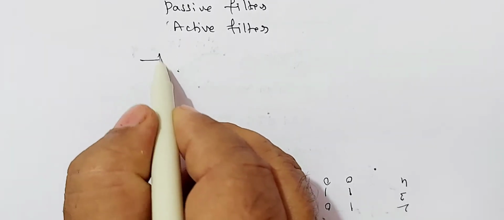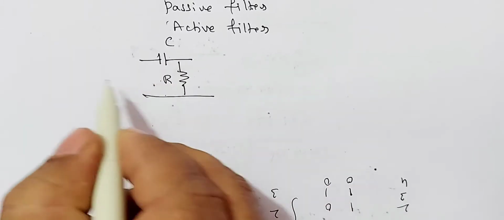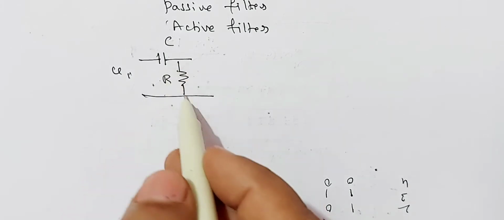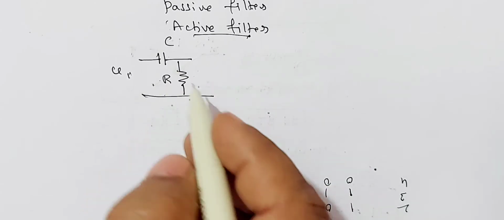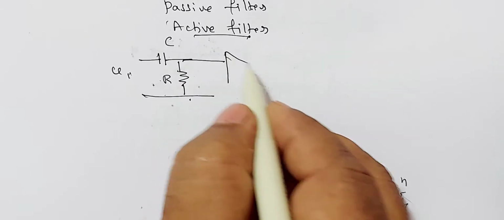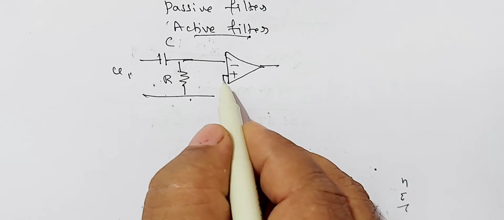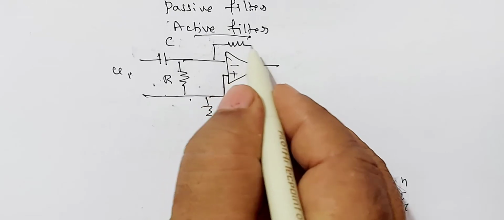In some other type of filter, we use not only the passive components such as capacitor and resistor, but also some active devices such as a transistor along with these passive components. Such a filter is called an active filter. Now I will connect this passive filter to an inverting amplifier. You know this is an op amp, with feedback.